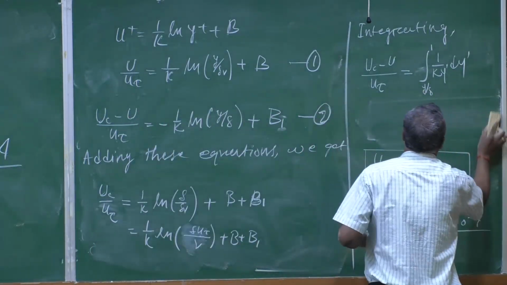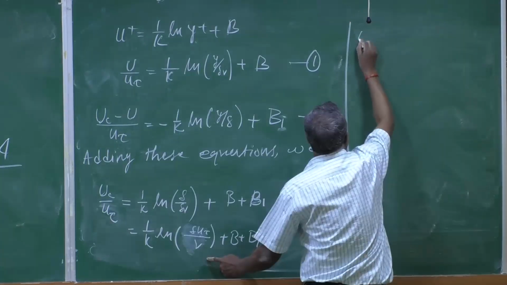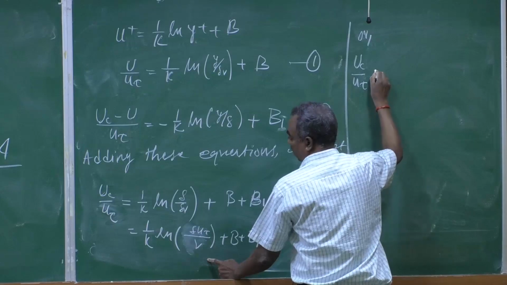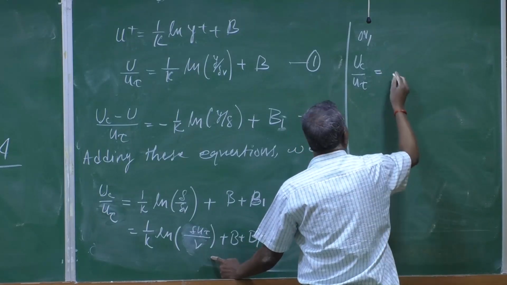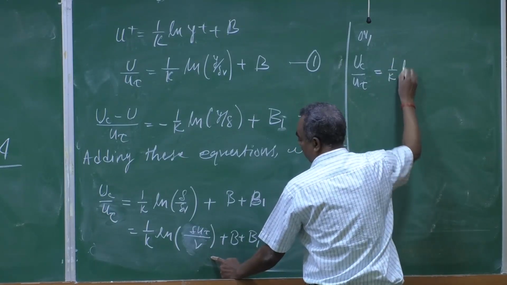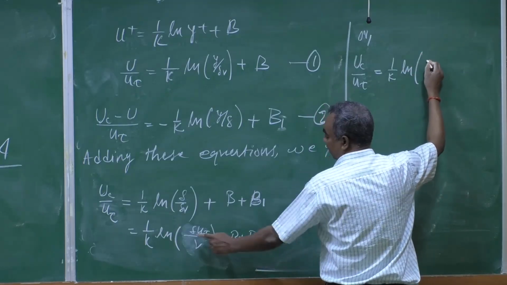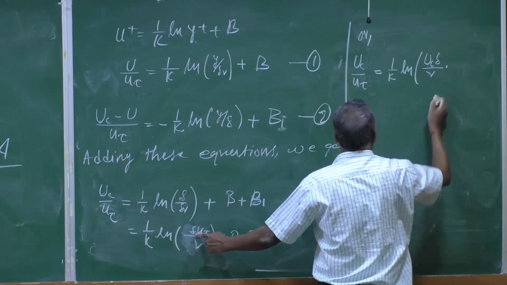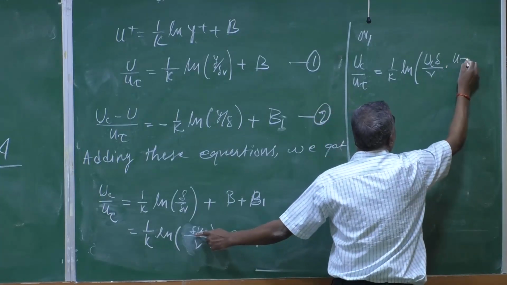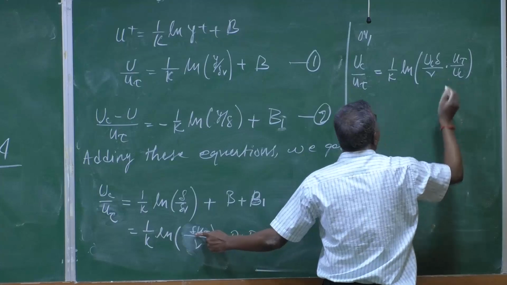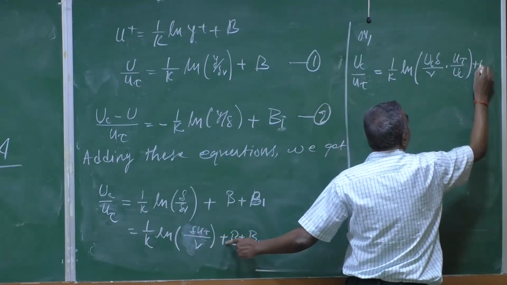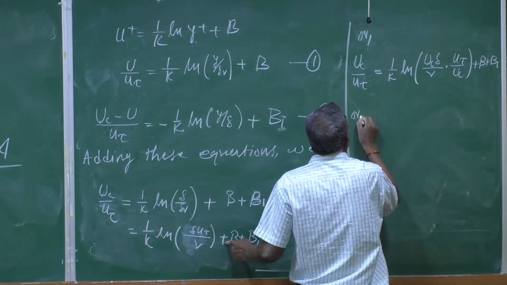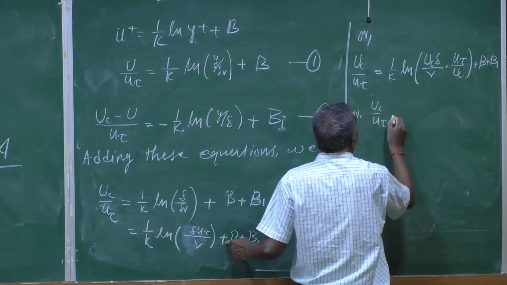Let me do it here itself, we are almost done. u_c by u_tau equals what do we get? 1 by kappa ln of u_tau delta divided by nu, with u_tau there and u_c there, plus B plus B1.